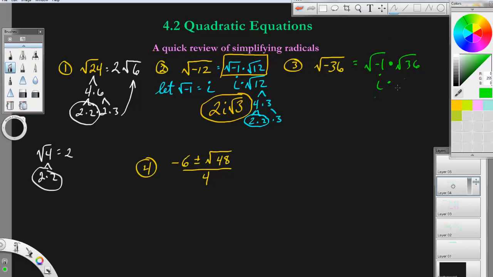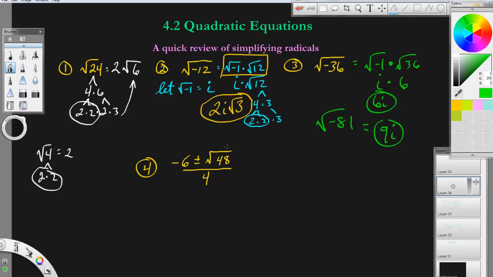What's the square root of 36? 6. Now, we don't write i6. We write 6i. So 6i would be the answer to that. And just to test your knowledge here, the square root of, say, -81 would be 9i.